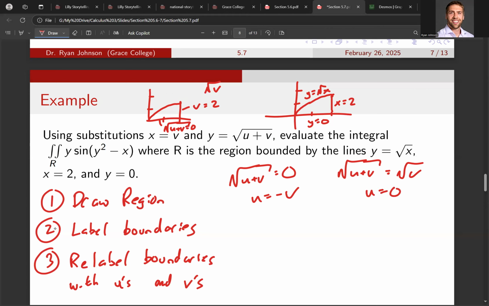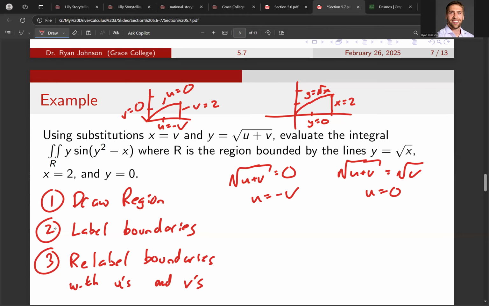Right? So it's better to put the simplified ones here. u equals 0. And then u equals negative v. And then this point right here also is at v equals 0, by the way. Right? Because v equals x.